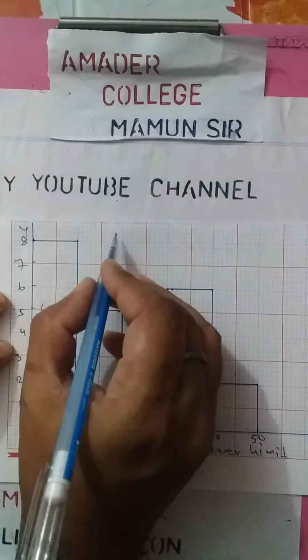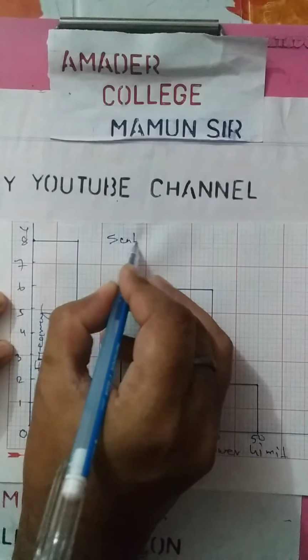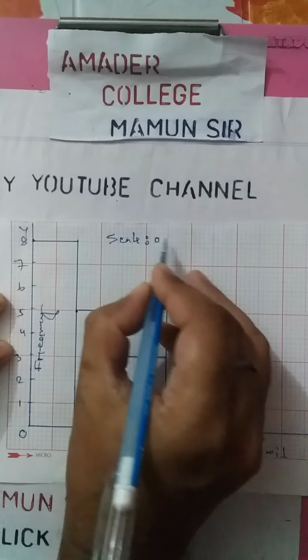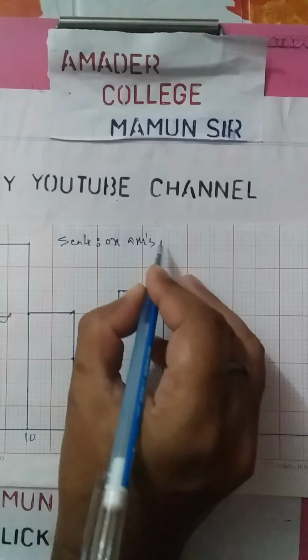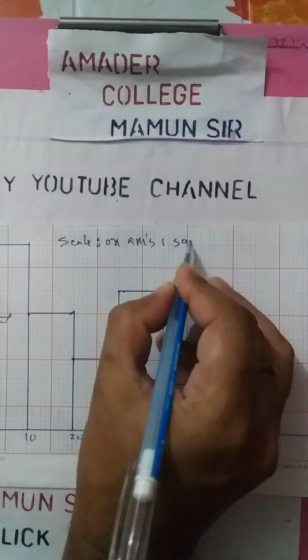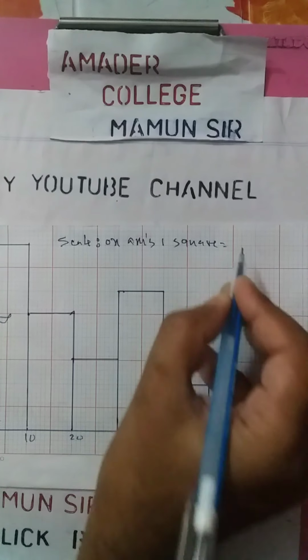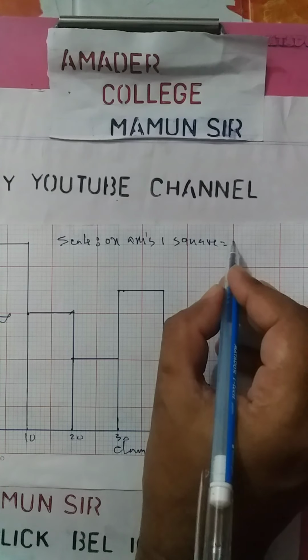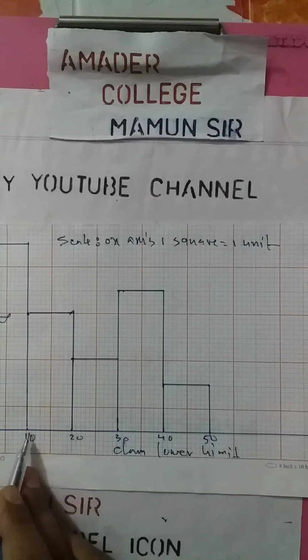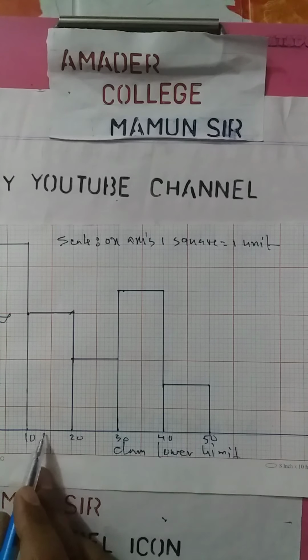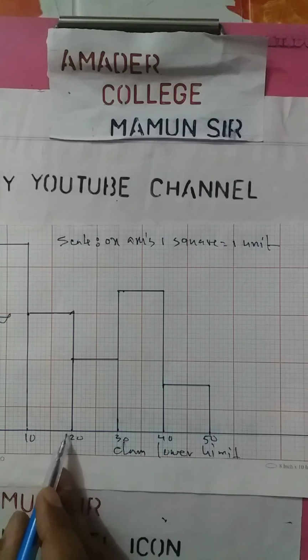Now write a scale. On the OX axis, 1 square is equal to 1 unit. Which 1 unit? 11, 12, 13, 14, 15, 16, 17, 18, 19, 20.